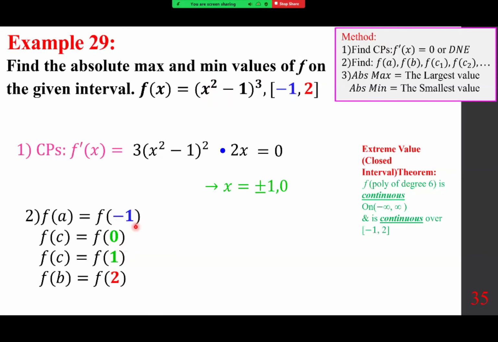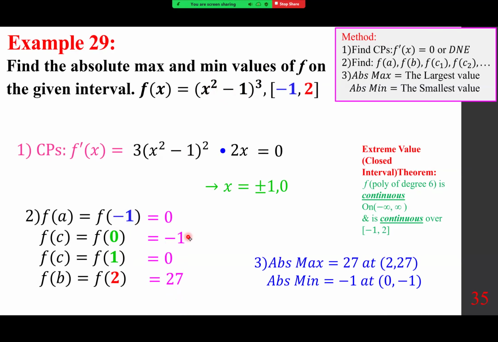If you plug in 0, negative 1 cubed gives you negative 1. If you plug in 2, 4 minus 1, 3 cubed is 27. So those are easy evaluations. Absolute max, absolute min, and we write it in this fashion. Absolute max is 27 at 2 comma 27, absolute min is negative 1 at 0 comma negative 1.